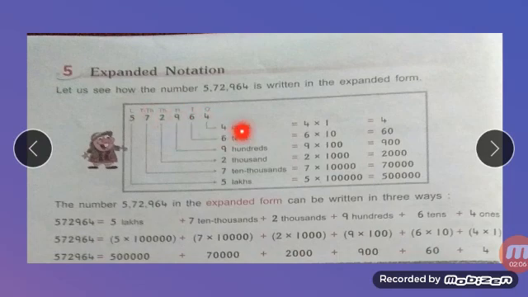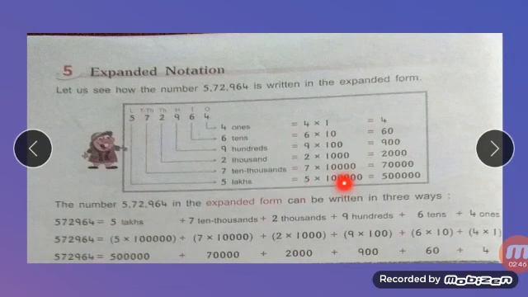Then 4 is in ones place, so 4 ones. 4 ones means that's equal to 4 multiply 1, that's equal to 4. 6 is in tens place, T stands for 10, so 6 tens, that's equal to 6 multiply 10 equals 60. 9 is in hundreds place, so 9 hundreds, that's equal to 9 multiply 100, that's equal to 900. 2 is in thousands place, so 2 thousands, 2 multiply 1000 equals 2000. 7 is in 10,000s place, so 7 ten-thousands equal to 7 multiply 10,000, that's equal to 70,000.